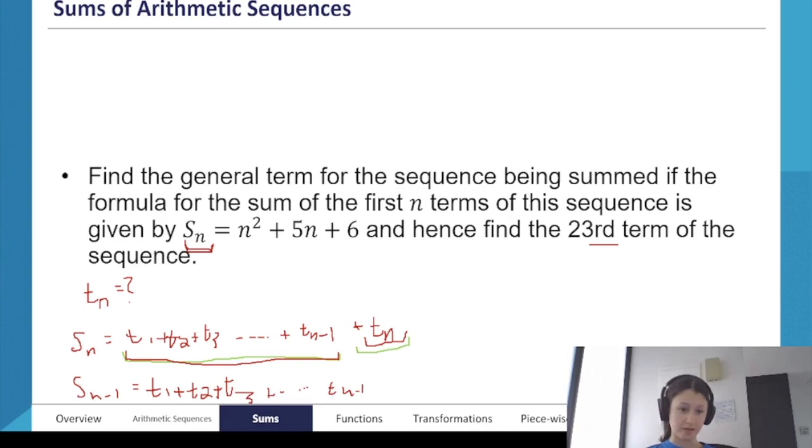Because we're only finding the sum up to n take 1 terms. And this tells us this part, right? So what we can deduce from here is that our Sn is going to be equal to S of n minus 1 plus Tn.